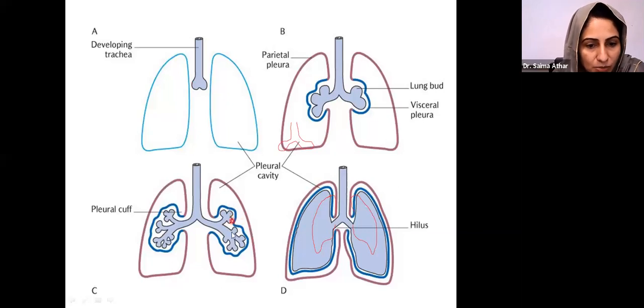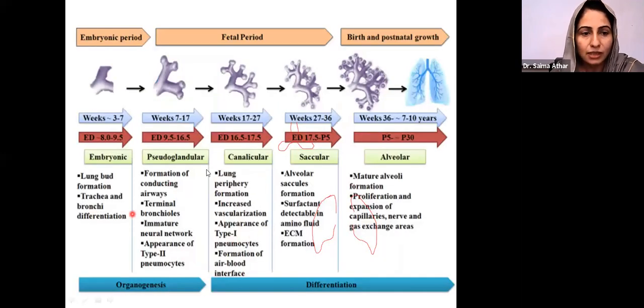Ultimately, the lungs keep on growing and expanding, and they obliterate the pleural cavity, so that ultimately the pleural cavity is very thin, and that is the space between the parietal and the visceral pleura.